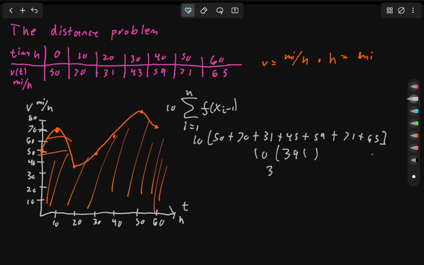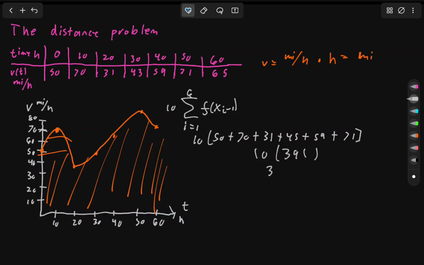Sorry, I actually lied to you. We only have a grand total of 6 rectangles, and this is 7 terms. And because we're using the left-hand side, we do not use 65.